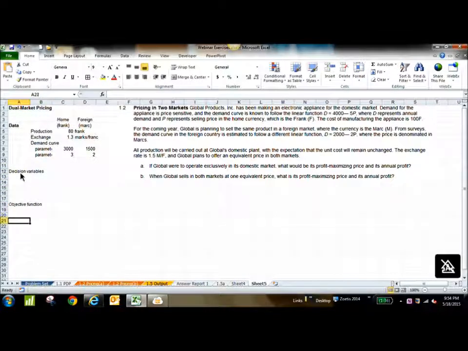Now when you have this, what is the profit maximizing price? And it's annual profit. So what we're trying to do again is we're trying to figure out profit, maximum profit. Here we're trying to figure out the selling price. Yellow, green.